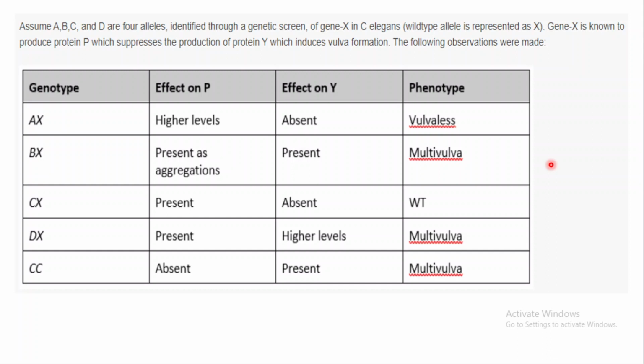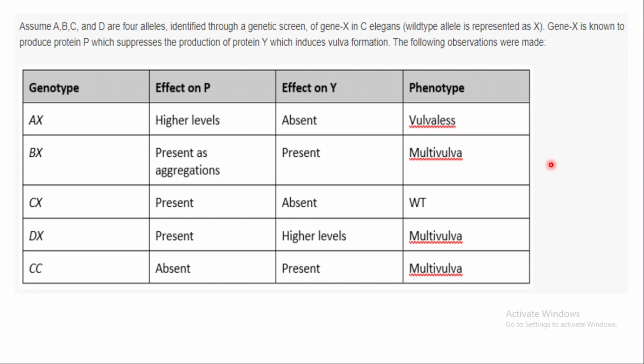You have to read this question very carefully. Assume A, B, C, D are four alleles identified through a genetic screen of gene X in C. elegans. So there is a gene X and there are four alleles A, B, C, D. Gene X is known to produce protein P, which suppresses the production of protein Y, which induces vulva formation.